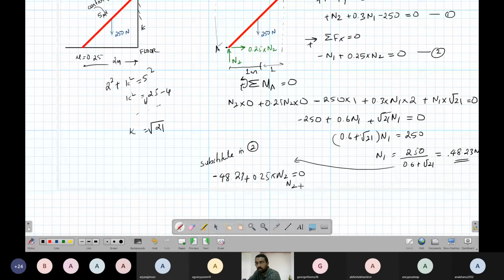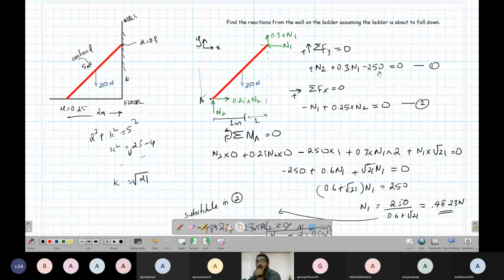So this gives me n2 equal to 192.95. So you take this 48.23 divided by 0.25. Right? I hope this is clear.